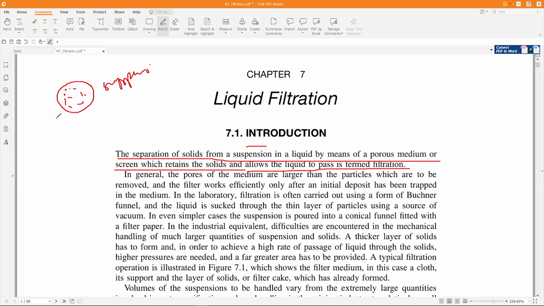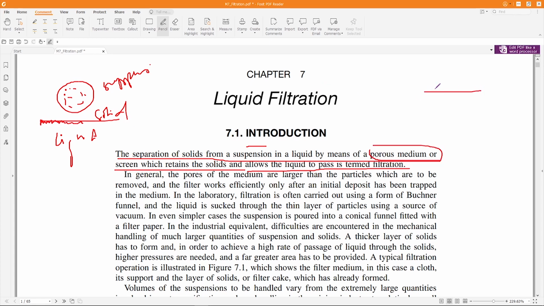So you want to filter and separate the liquid and the solid particles, right? On the bottom you have pure liquid, at the top you have solid particles collected. So how do we separate these solid particles? Using a porous medium, in the sense that it has some pores.